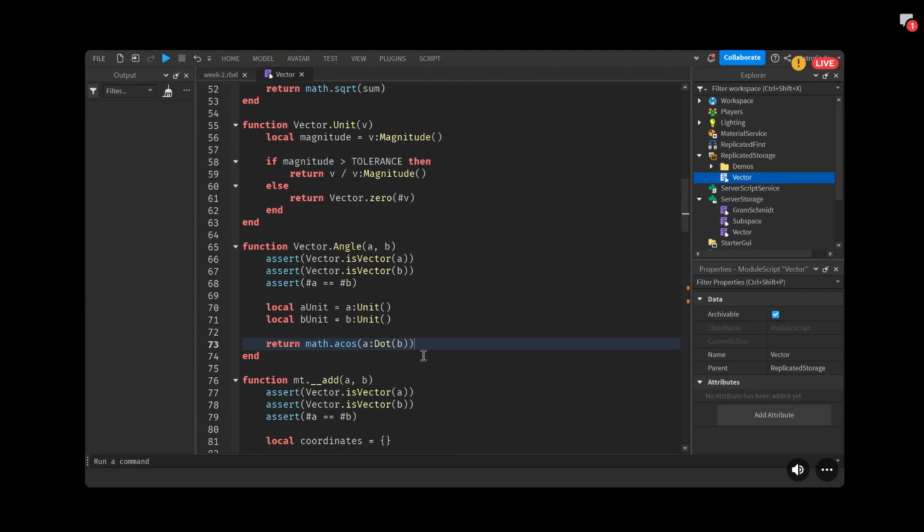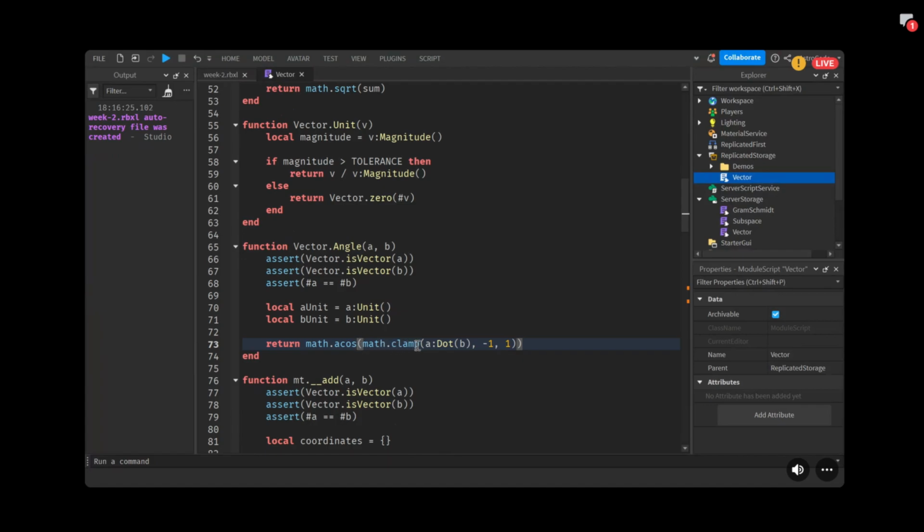Because we're not covering trigonometry or algebra 2 in this course, I won't explain too much why you need to do this, but it's very important that you clamp this between -1 and 1, because the arc cosine function takes in an input between -1 and 1.